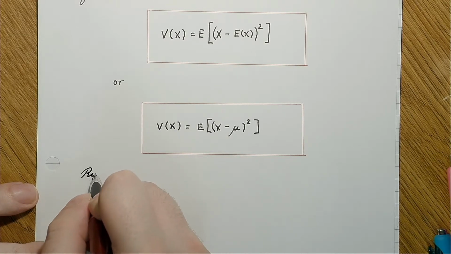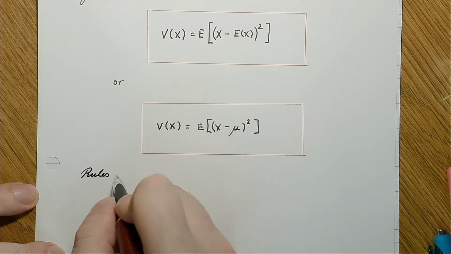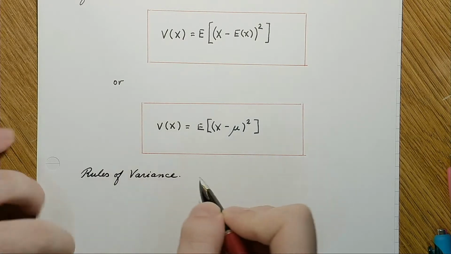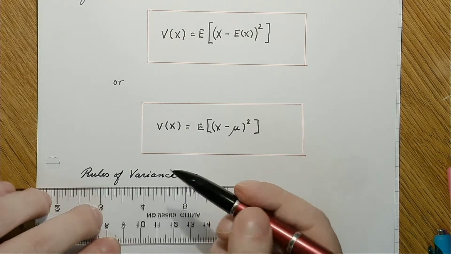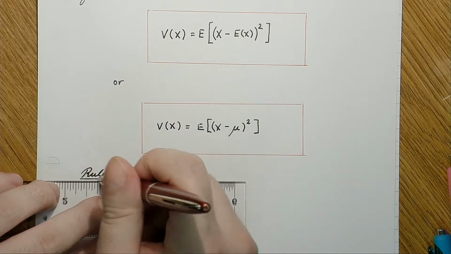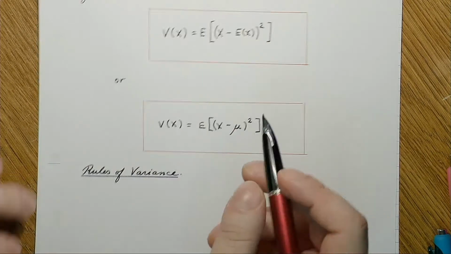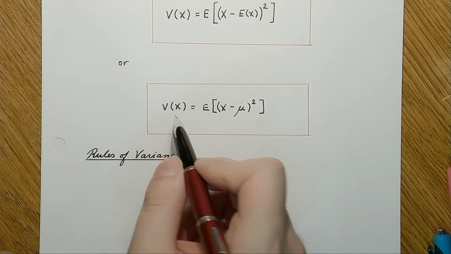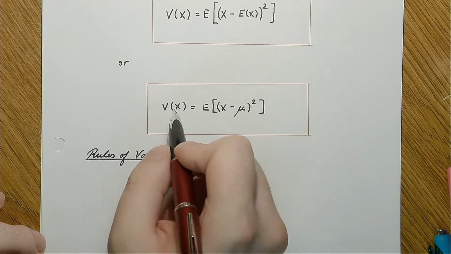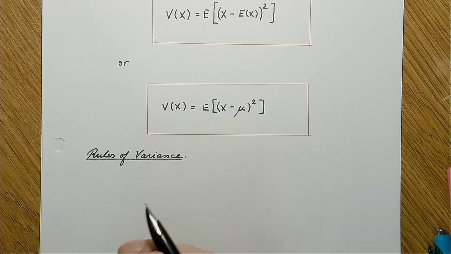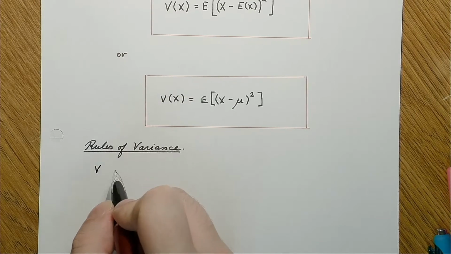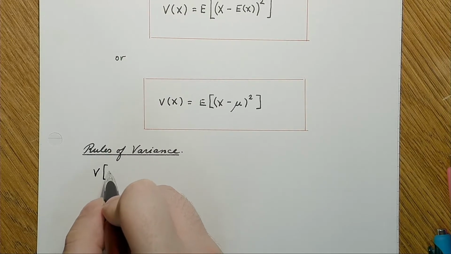Now we do have some rules of variance. Again, it's just to handle when the variable isn't just x, it's actually a function of x. So same idea again. We can have the variance of some function h of x.